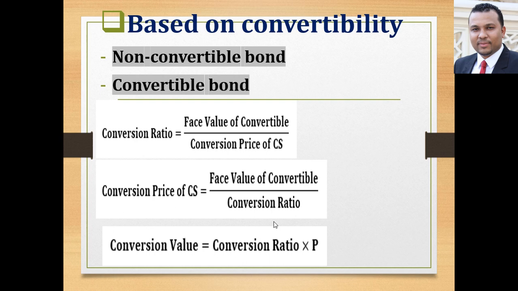The next case, we can classify international bonds based on convertibility. Convertibility is whether the indenture of this bond allows you to convert the bond to common shares, or into other bonds from the issuing corporate. But let's start with the non-convertible bond. This is the general case.